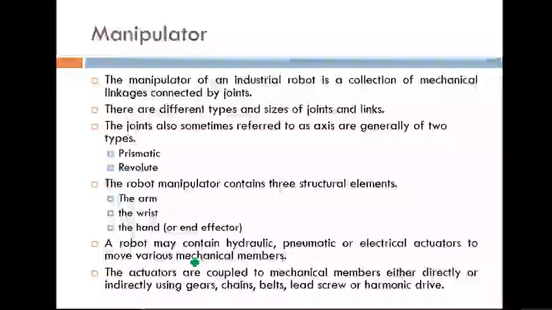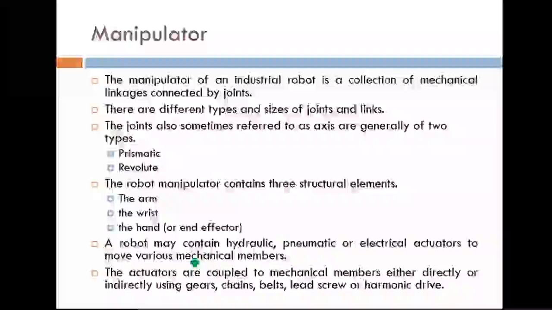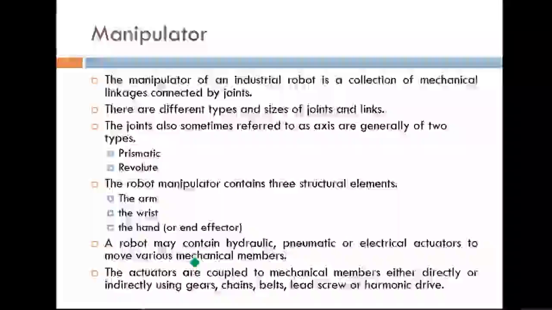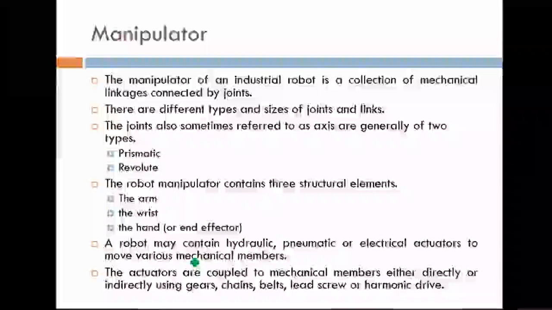The prismatic joint is called linear motion and the rotary joint is called rotational movement. The robot manipulator contains three main structural elements: the arm, the wrist, and the end effector.